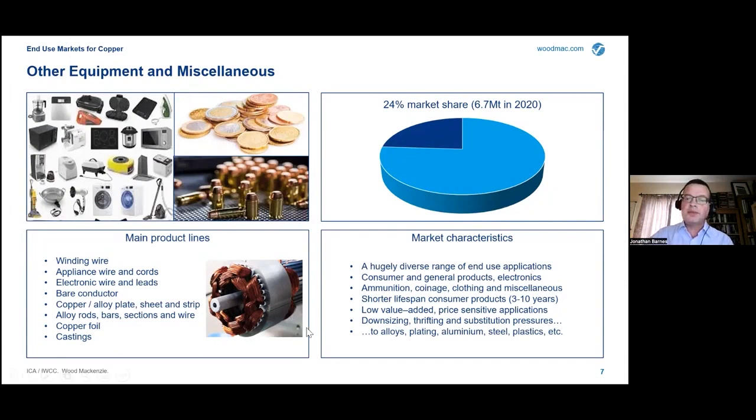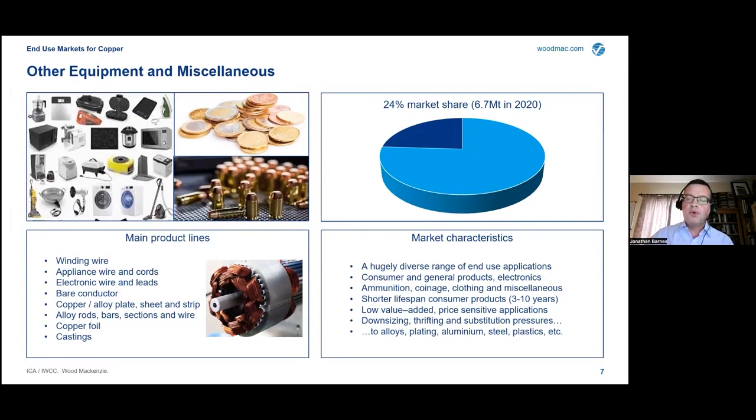And more than any other segment, you're looking at a hugely diverse range of end-use applications, broadly split between consumer and general products, electronics, and then there's sort of catch-all other things which I've characterized by ammunition, coinage, clothing, things like zippers and fasteners, and other miscellaneous applications. Typically, we're looking at a much shorter lifespan in these areas. We might think about 2 to 3 years for a mobile phone, or up to 10 for a small appliance. In general, we're looking at lower value-added applications outside of electronics.